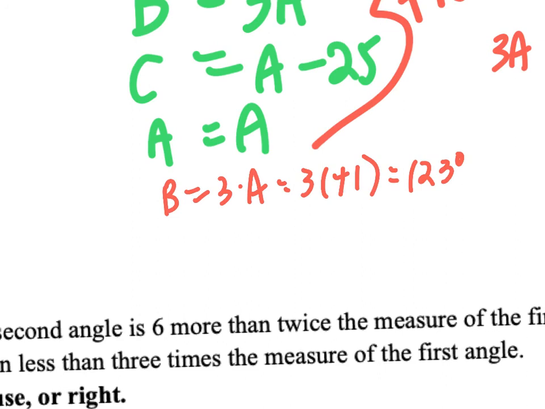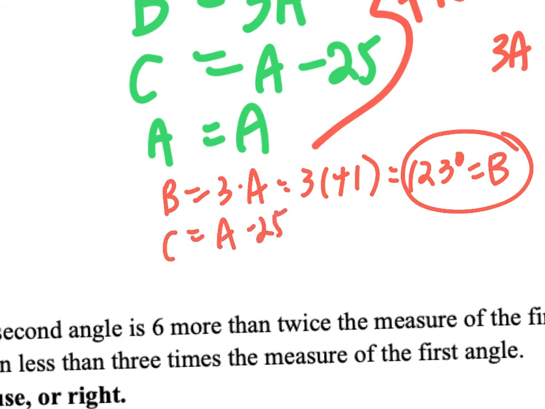That's going to be my b. And then c is a minus 25. I'm going to substitute 41 for a, and 41 minus 25 is 16. So I'm going to write 16 for c.